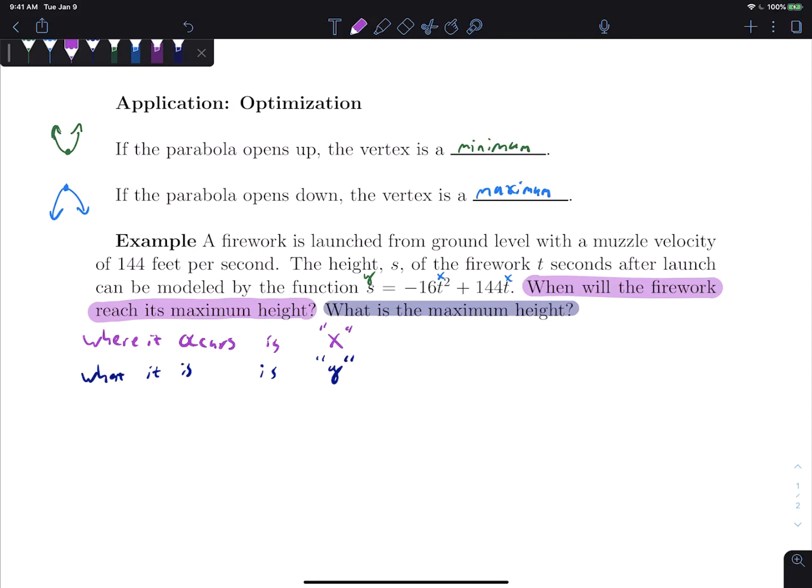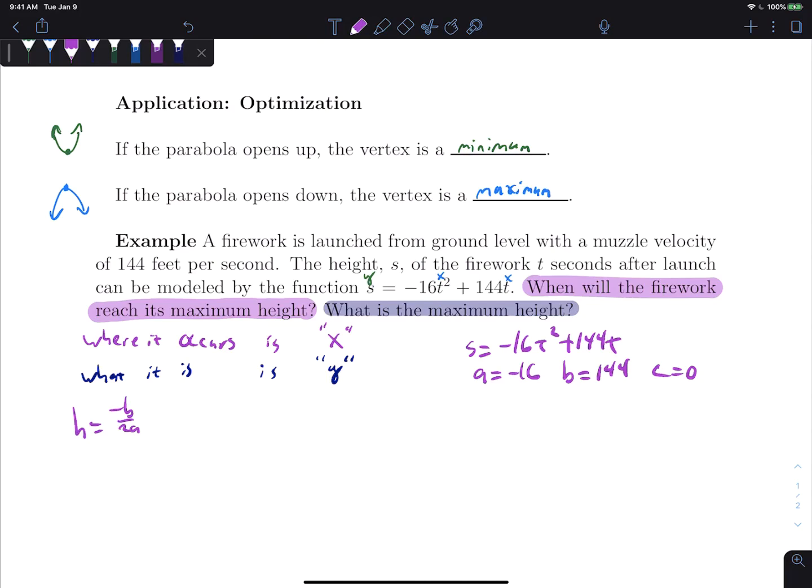So let's go ahead and find the vertex. Let's find h equals negative b over 2a. And the function itself is s equals negative 16t squared plus 144t. In this case, a equals negative 16, b equals 144, and just keep in mind c is 0 here, because there is no constant term.